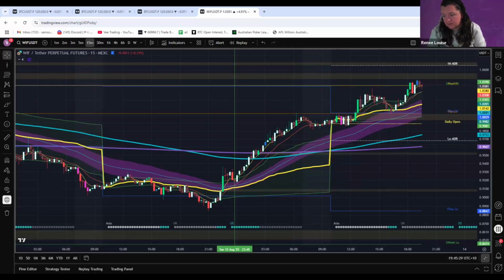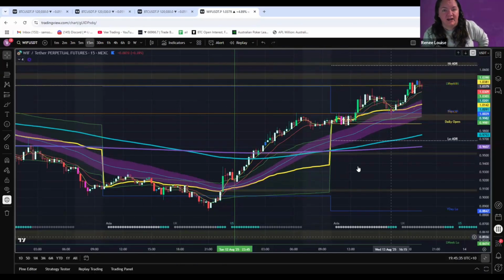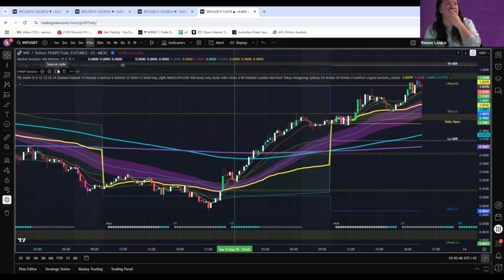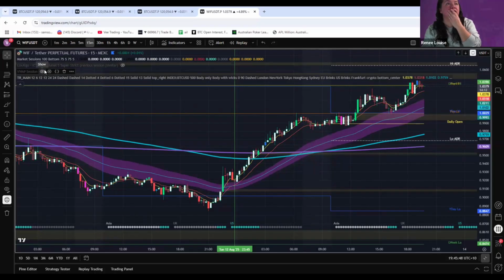So the free TradingView, that's why I said you'd get this indicator called the Trader's Reality indicator. All of these lines on this chart are all that one indicator, apart from the VWAP. The VWAP's that one.